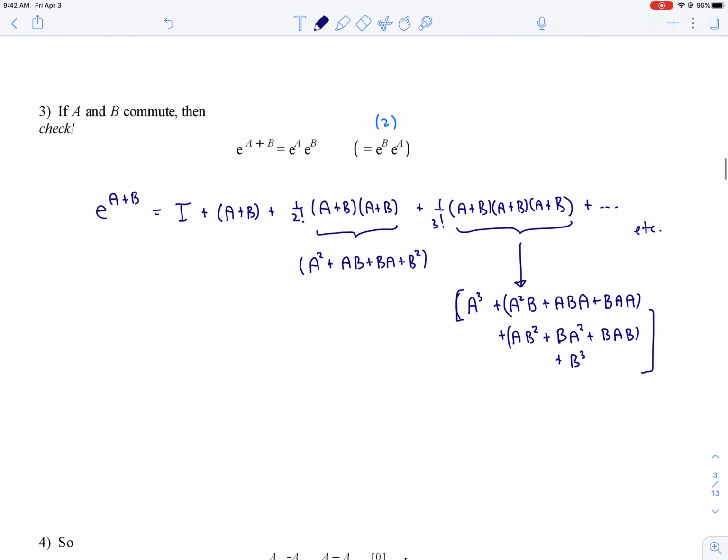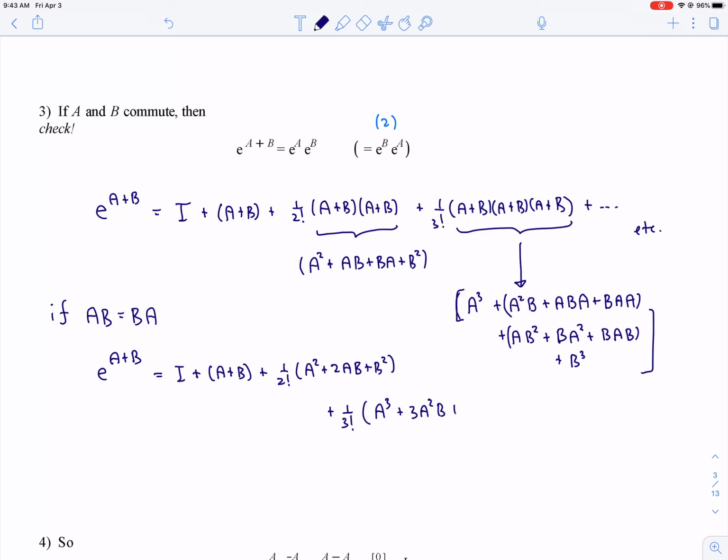All right, now, if AB is BA, then e to the A plus B is the identity plus A plus B plus 1 over 2 factorial A squared plus 2AB, that's using the commutativity, plus B squared, plus 1 over 3 factorial A cubed plus, we would get 3 A squared B, we would get 3 AB squared, and we would get B cubed.